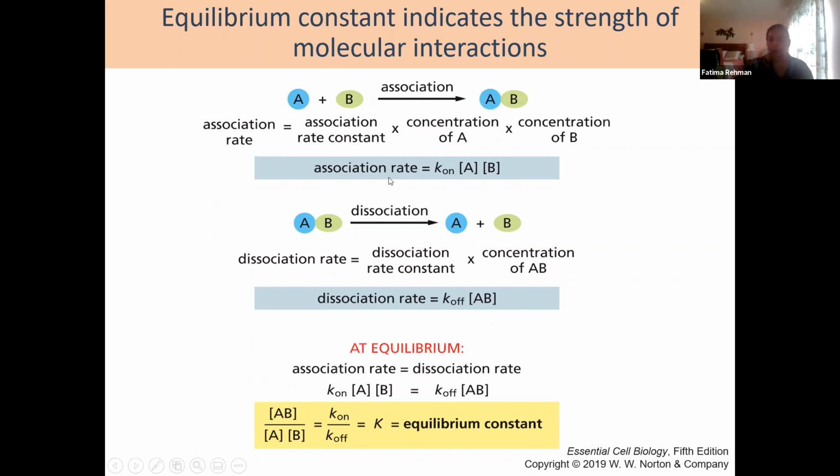So the association rate is going to be a product of these three numbers. The dissociation rate is similar, but in this case you will have a constant for the dissociation of this particular product, and then the concentration of the product and how easily it can get broken off. At equilibrium, these two should be equal. That's why your equilibrium constant would be 1 at that point. The association rate of building those products should be equal to the dissociation rate.